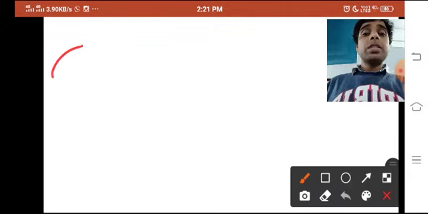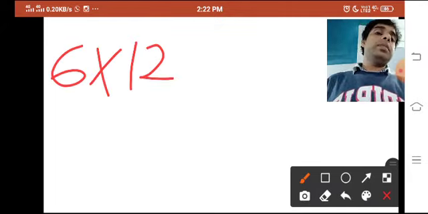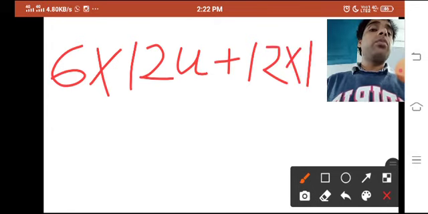Okay, so 6 carbon, so 6 into 12, 12 u, plus 12 hydrogen, 12 into 1. Why 1? Because 1 is the atomic mass of hydrogen, 12 is the subscript number, and 1 is the atomic mass of hydrogen.